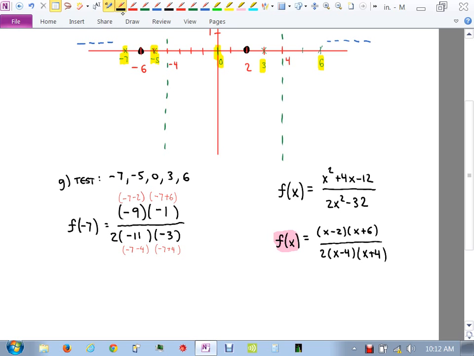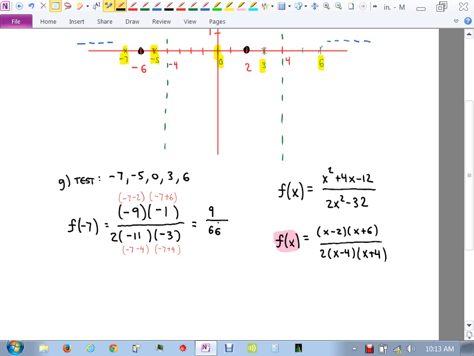Now just multiply straight across. Negative 9 times negative 1 is 9 over, let's see, negative 22 times negative 3, 66, which is a number you're not going to have an easy time graphing, right? So just get your calculator out and do 9 divided by 66.